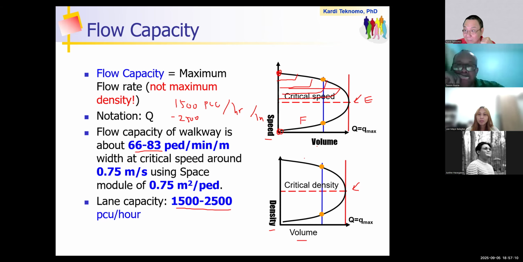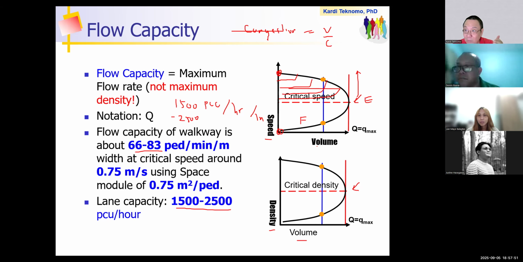Okay, so that means we are using the top region, not above capacity. Below capacity is very big, it's all F. So that's why we define congestion as the V/C ratio, congestion equal to volume per capacity.